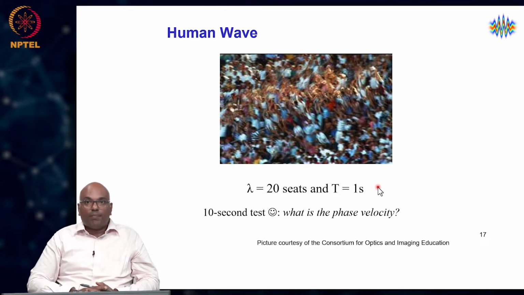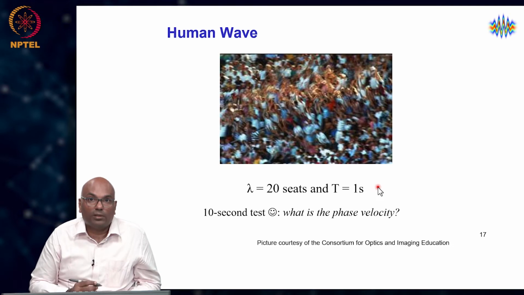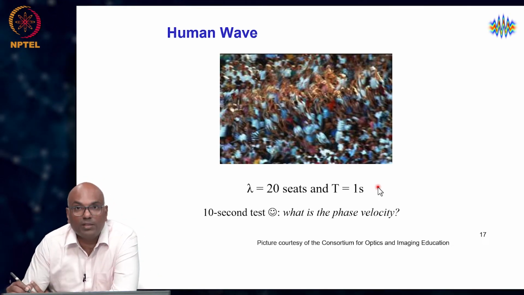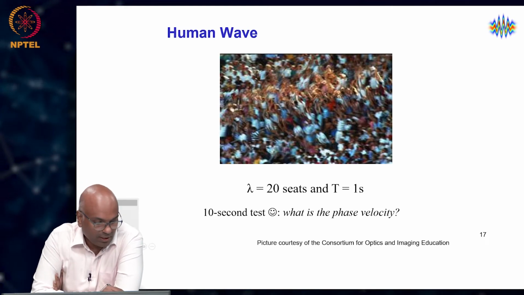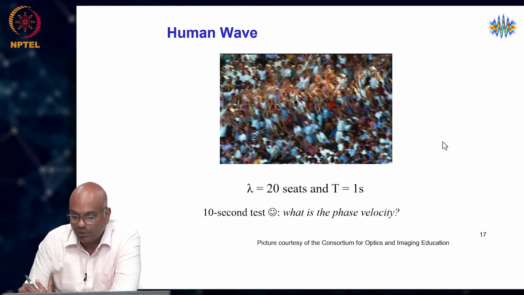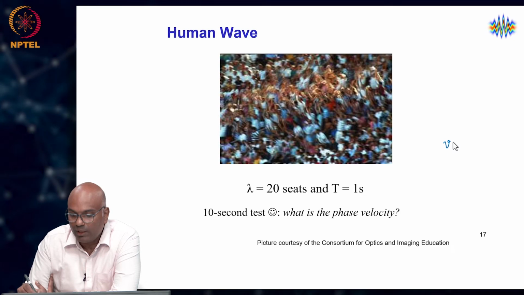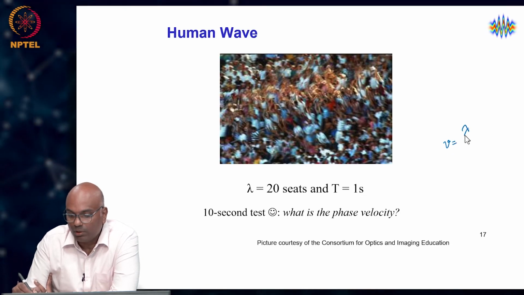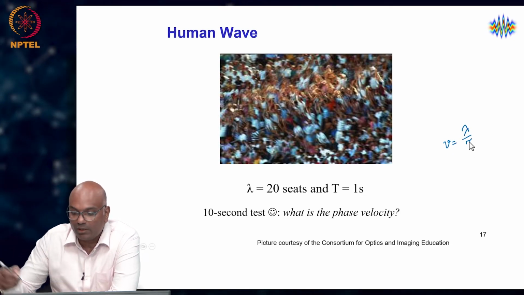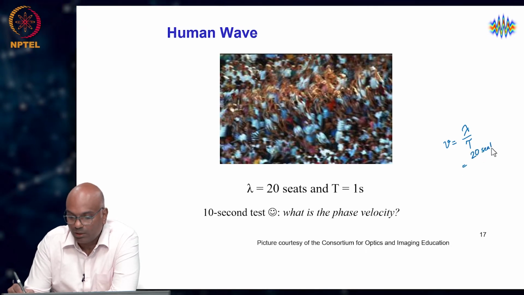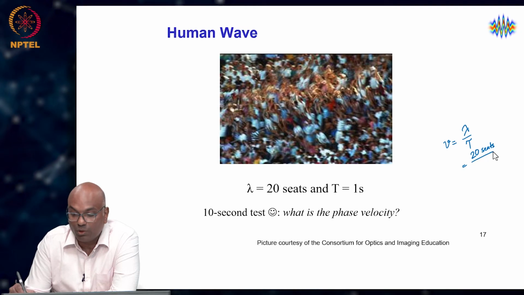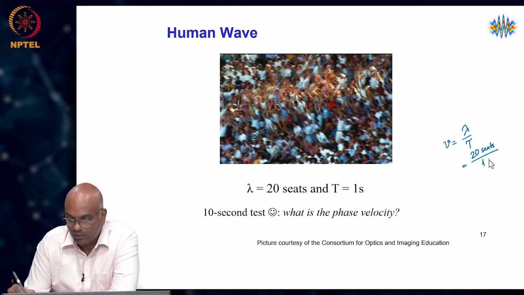Okay, now I hope you had enough time to make this simple calculation. What did we have as the expression for the phase velocity? The expression we had is v is equal to lambda divided by T in this case. So, lambda is 20 seats, seats is the unit of length here, divided by 1 second.